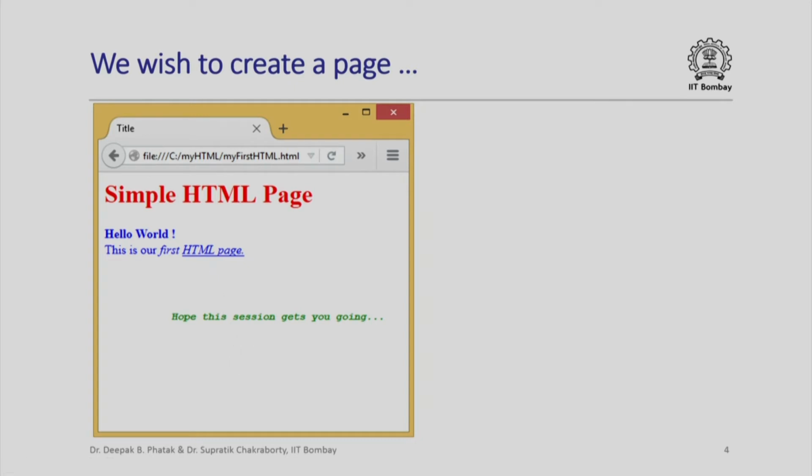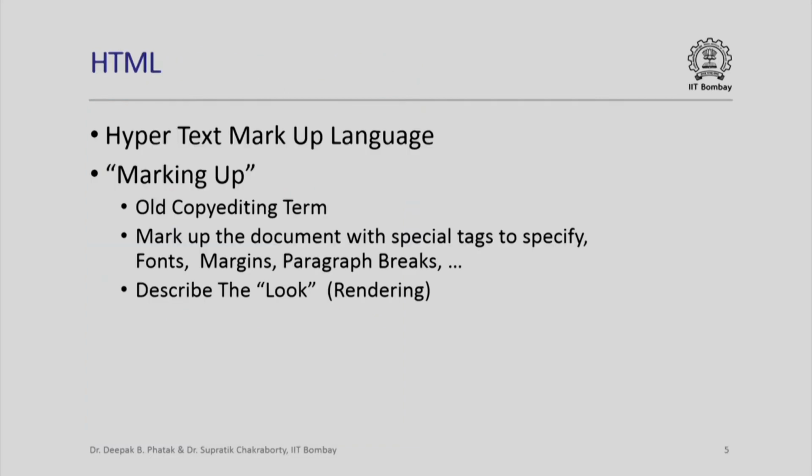Note that I can create a text document using all this text, but now I have to somehow inform the browser that when you display this text, please display it in such a fashion that the first sentence is read, etc. This is where the hypertext markup language helps us through the various tags that it permits us to use.